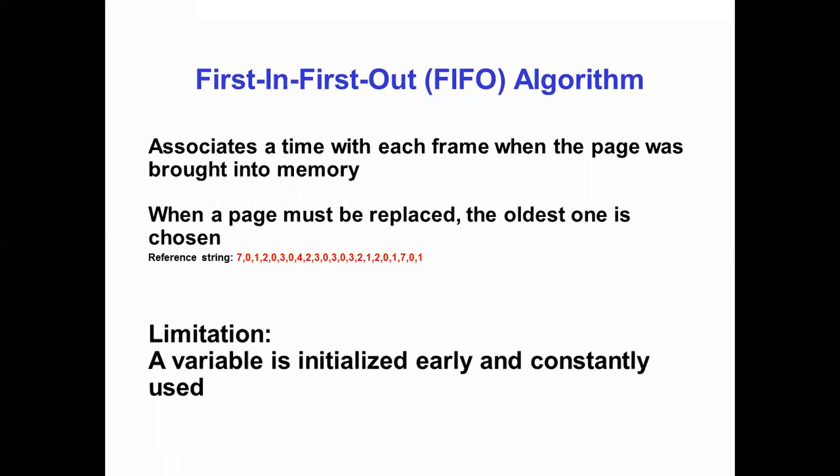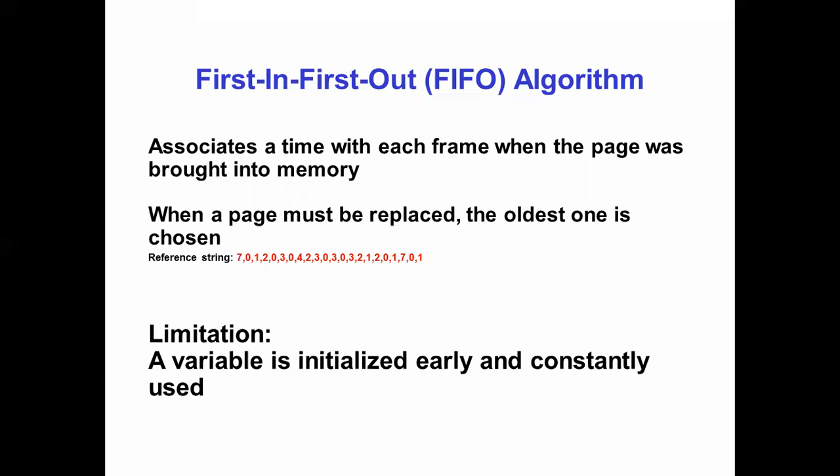It associates a time with each frame when the page was brought into memory. Whenever a need arises to bring a new page into memory, we remove the page fault condition, and the new page comes into the memory.